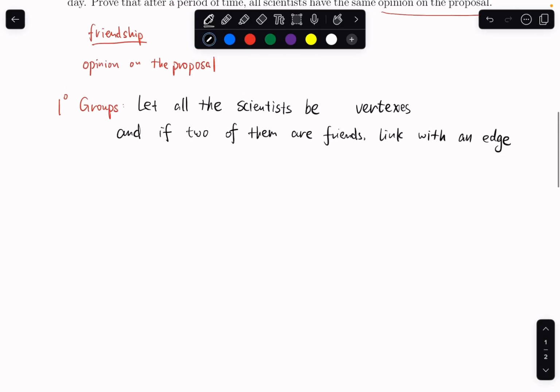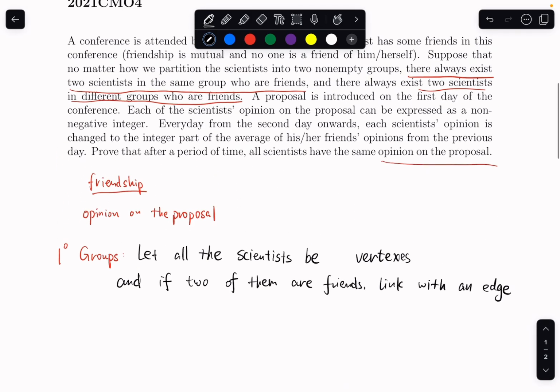Then we have a graph. So what does this condition mean in this graph?